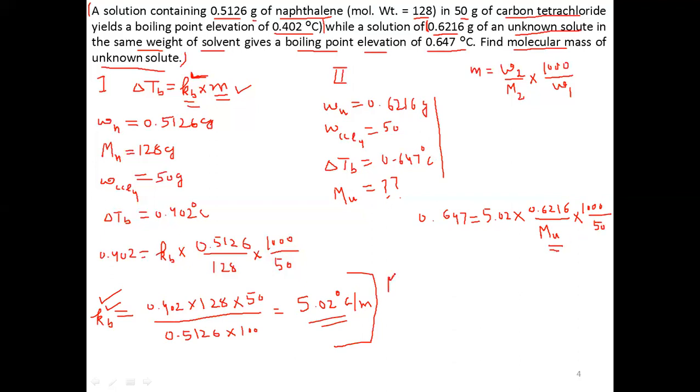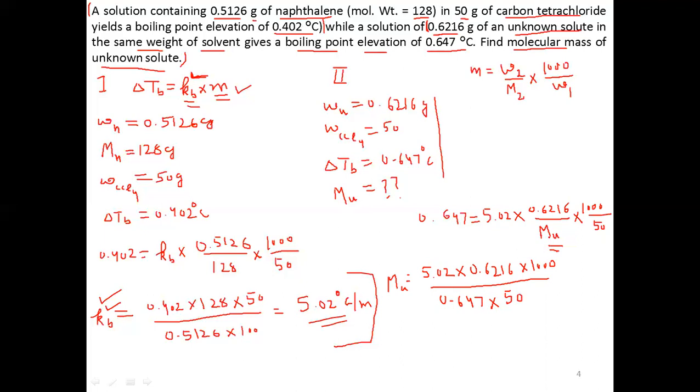So Mu, the molecular weight of the unknown solute, is 5.02 into 0.6216 into 1000 divided by 0.647 into 50.